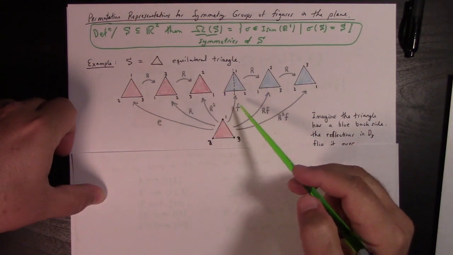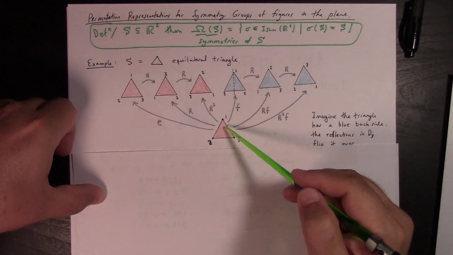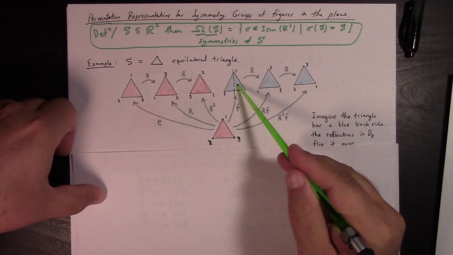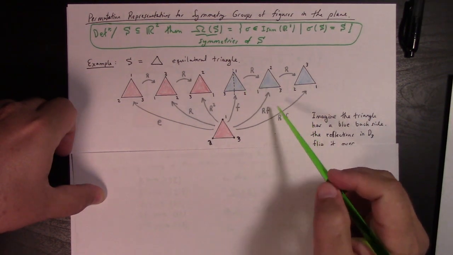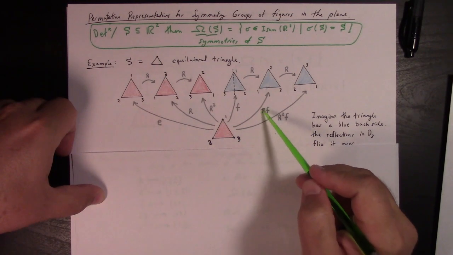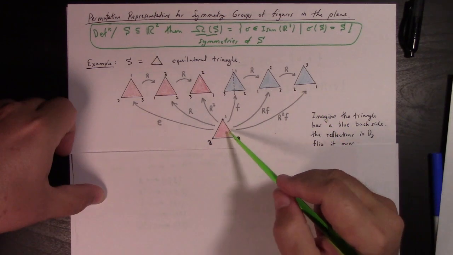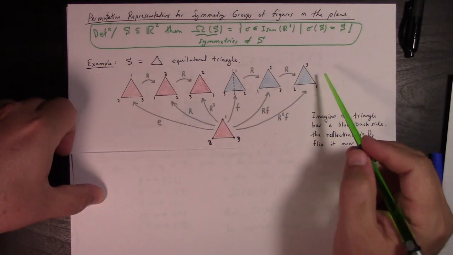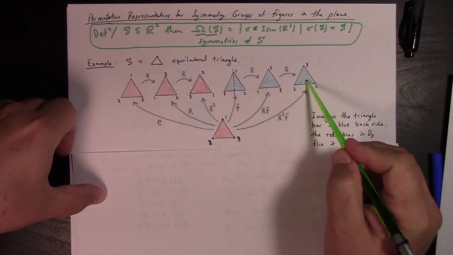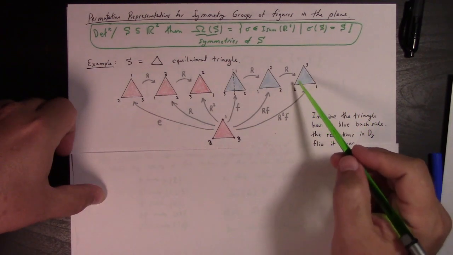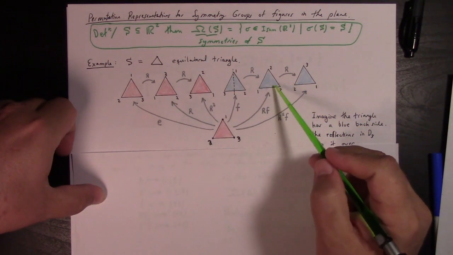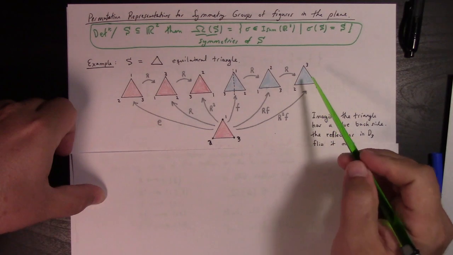And you can even see in this picture that if we first flip and then rotate, that's the same as if we do RF like this. Well, anyway, this is RF actually. And this is R squared F up here, which we could also see as doing an RF and then R again.